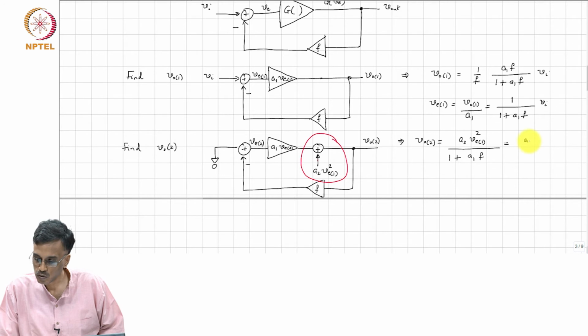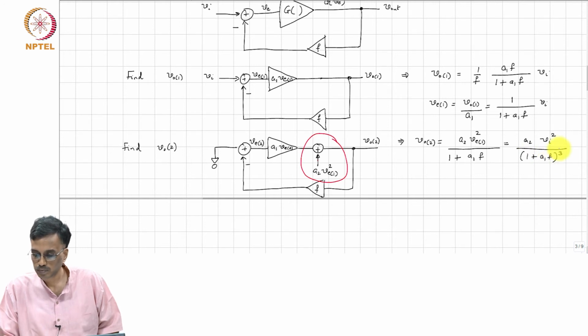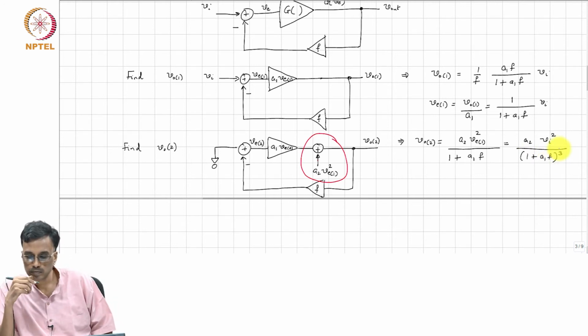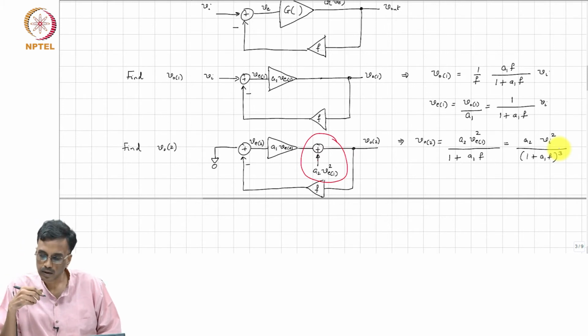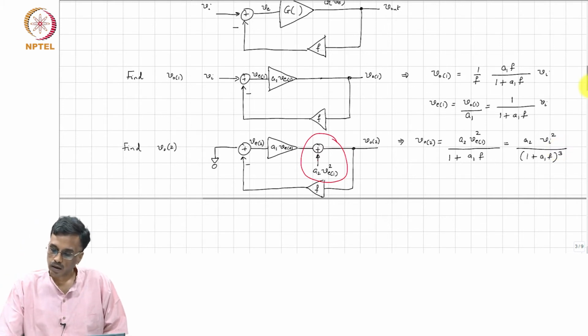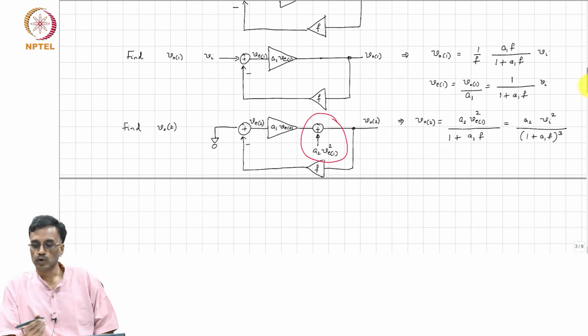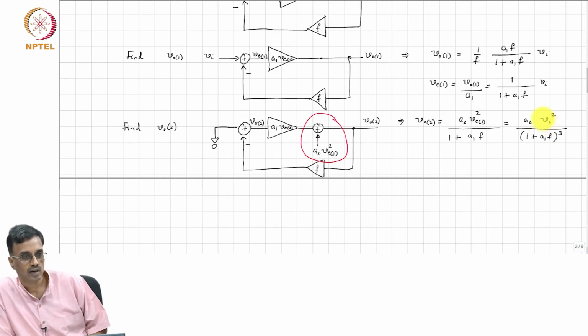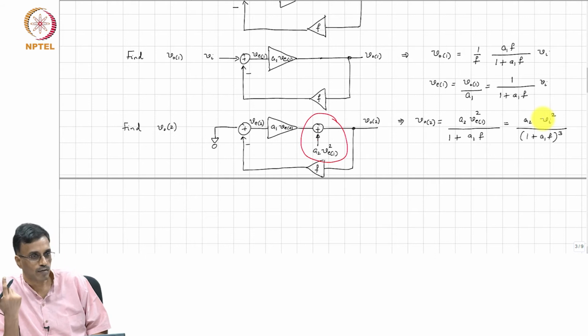Well, A2 times VE1 is nothing but VI by 1 plus A1F. So, you have to square it. And 1 plus A1F whole cube. You get 1 by 1 plus A1F the whole cube. All right. And as we expect, if you double the amplitude of Vi, this VO2 will go up by a factor of 4.